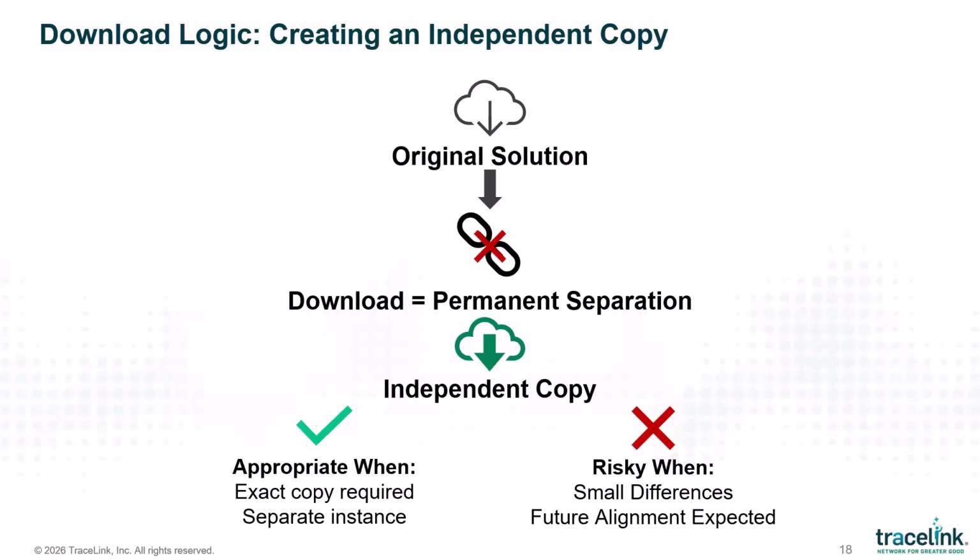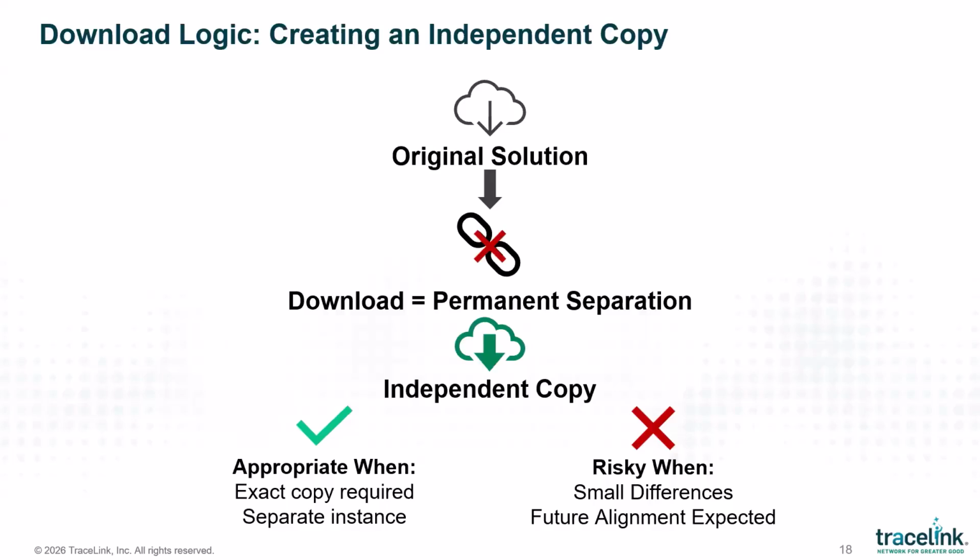For the example, in Priya's scenario, Priya needs to deploy a validated solution from the company catalog into another environment. She doesn't need to modify it at this stage. In this case, she uses download to bring that exact release version into the available section. Download is appropriate when an exact copy of a release solution is required, no immediate changes are needed, a validated version needs to be promoted or reused.